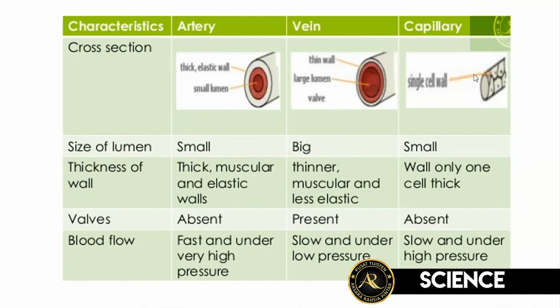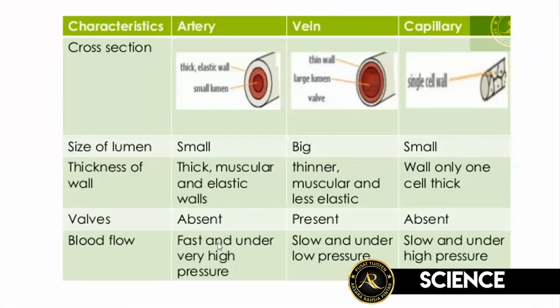And then we have capillary, which has a very thin wall, a single cell wall, one cell thick. That's how we address it. You can see all the comparison over here. The only one that has a valve is vein. The rest will not have a valve.